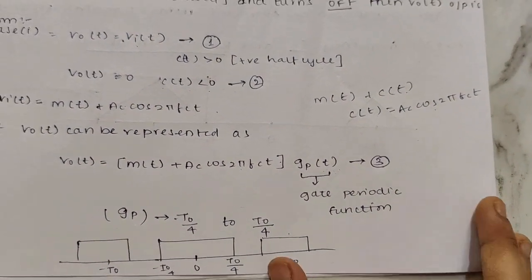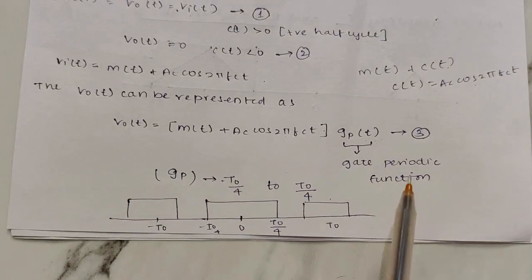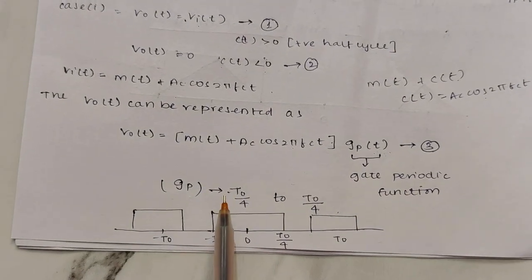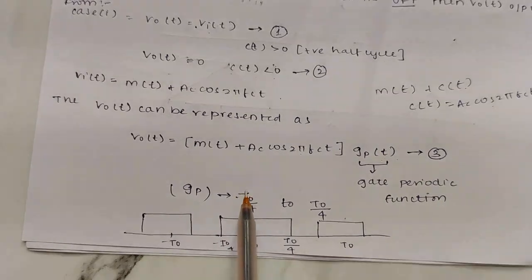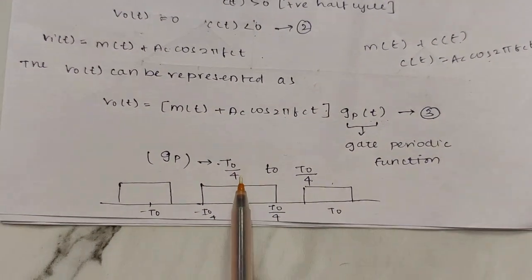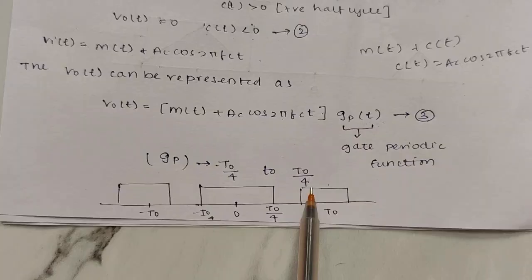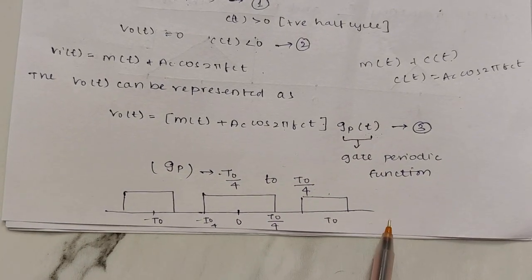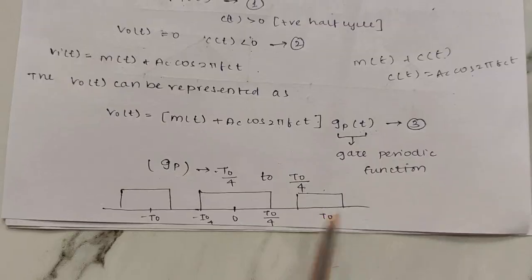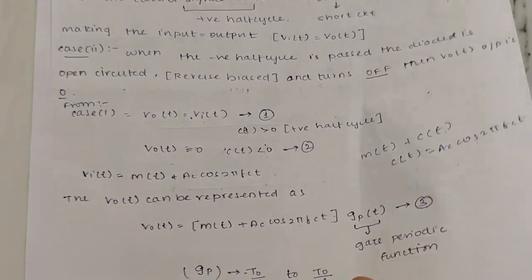of both those things. Okay, so the gate periodic function, for example, I am taking the wave from T0 by 4 to T0 by 4, minus T0 by 4 to T0 by 4. So this is my wave of a gate periodic function. Okay.